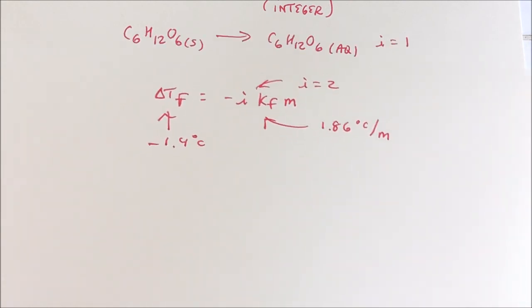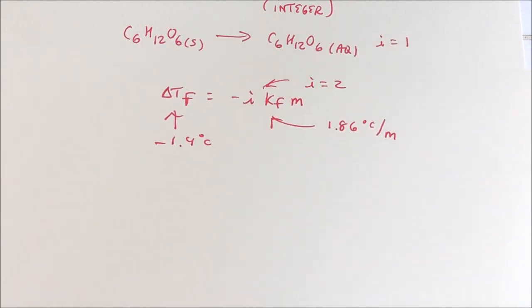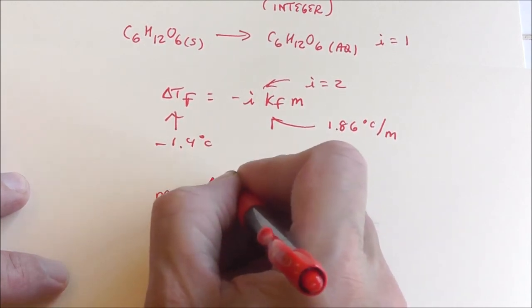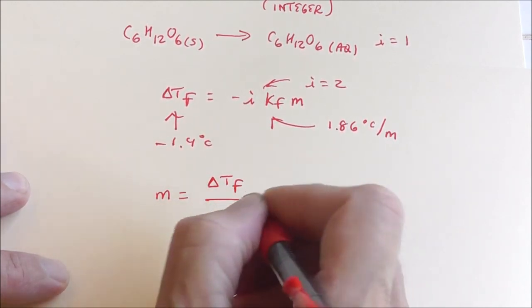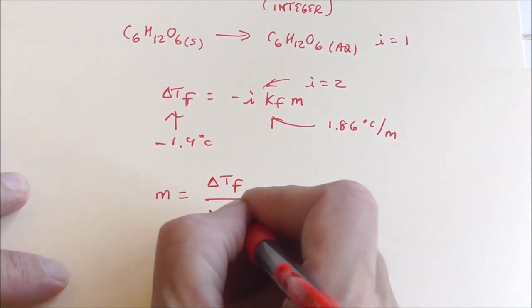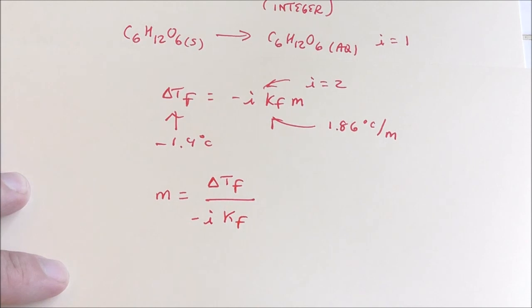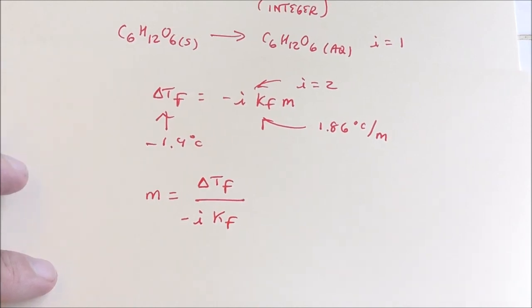I'm going to go ahead and write off screen. I'm going to solve for still what I know how to solve for, which is the molality. Fair enough? So I'm going to solve for m. That is delta T F over minus I and then K F. Those negative signs will cancel out.